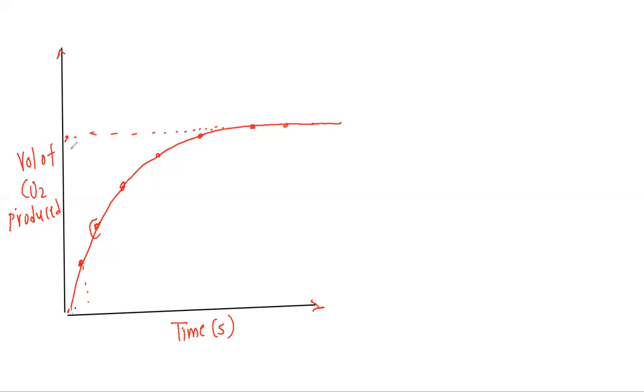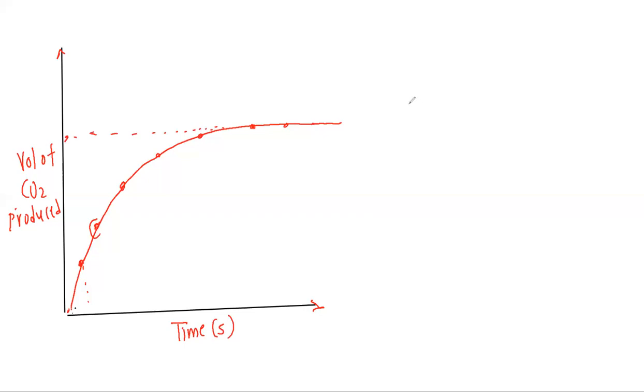Based on this, you can find out the rate of reaction. So how are we measuring the rate of reaction? By checking at what rate the product, one of the products, in this case CO2 gas, is getting produced. Now let's see how we can find that out. There are two methods.